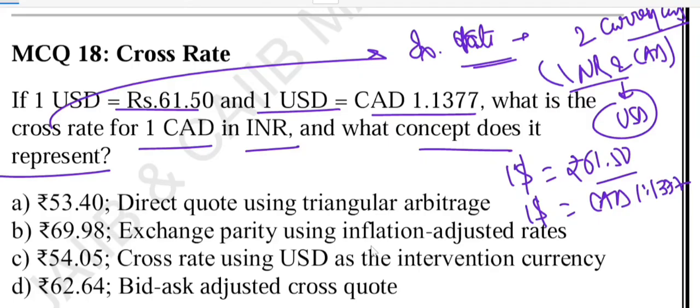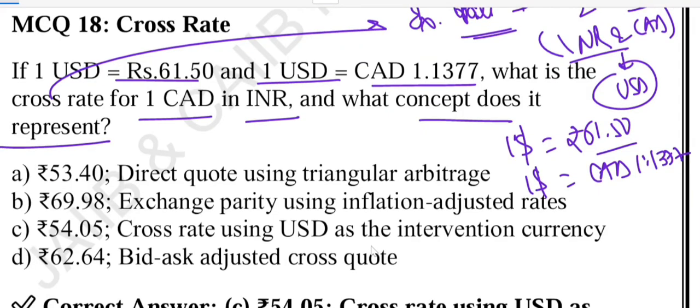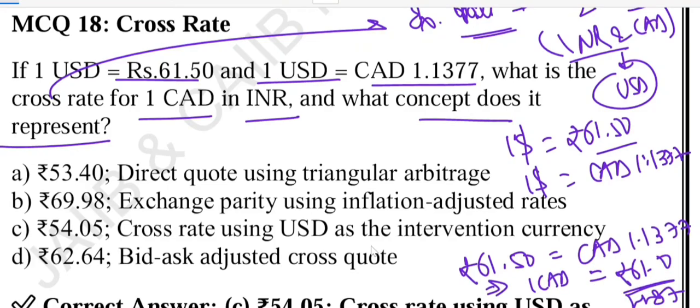If we equate both of them, we can say 61.50 rupees is equal to CAD 1.1377. So 1 CAD will be equal to 61.50 divided by 1.1377, which is approximately 0.8789.